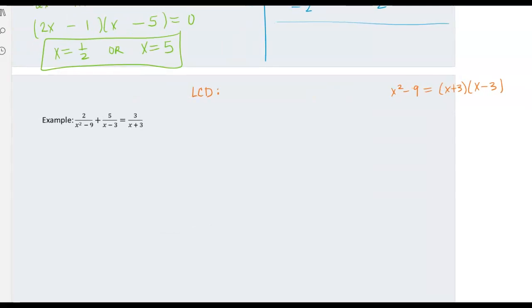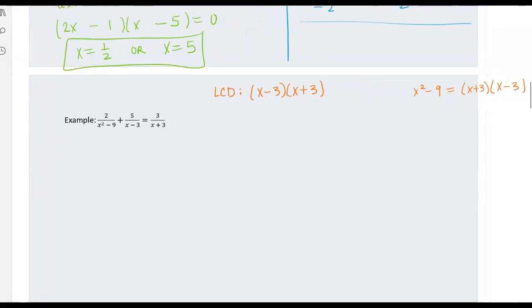And in the other two fractions, I have an x minus 3 and an x plus 3. So I think that if I multiply everything by this, I should be able to clear all of those fractions.